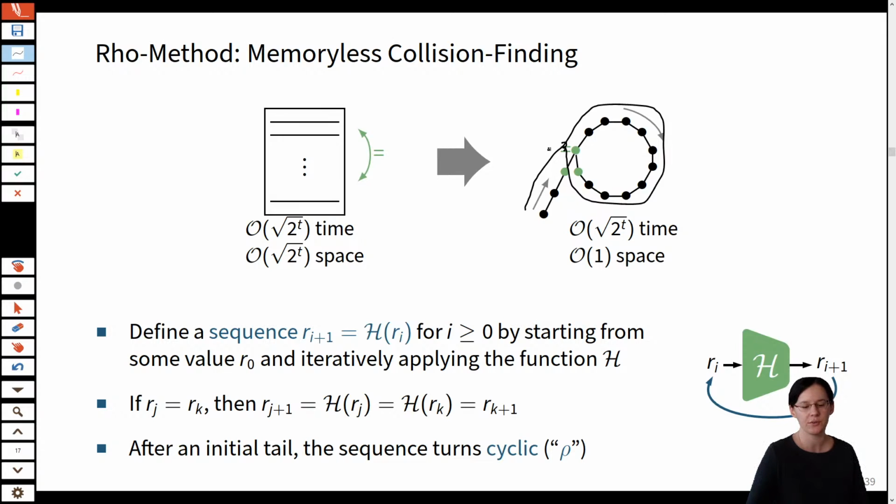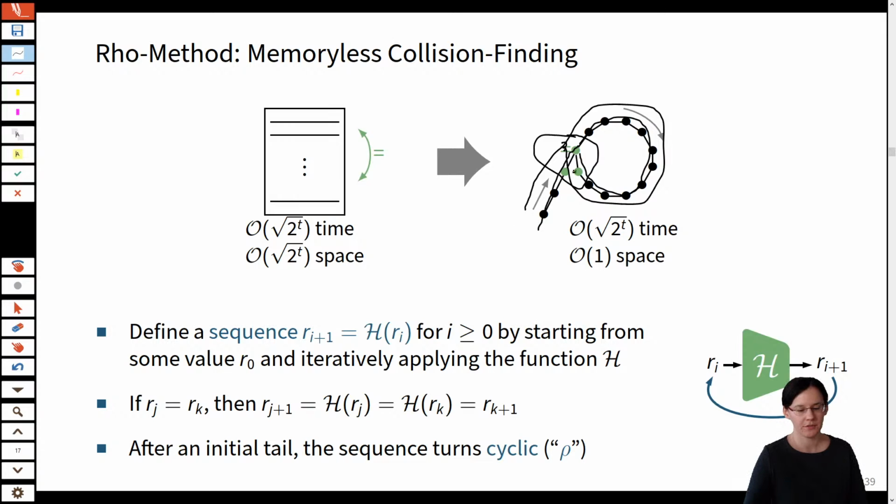This is because there's only a finite number of values available. And the goal of these memory-less collision finding algorithms is to detect exactly when this happens. So when exactly I have this meeting point where the tail of my function graph meets the cycle of my function graph.